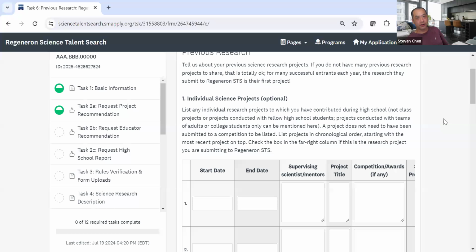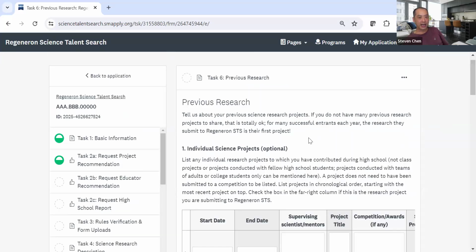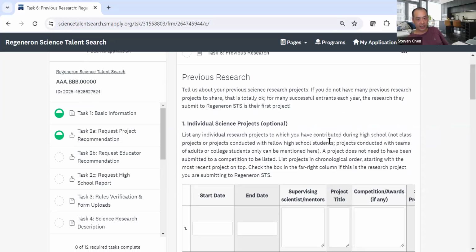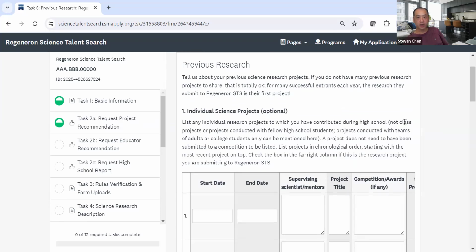Although theoretically it says you may have only the one piece of research you submit to STS, and that is still fine, strong researchers typically have multiple pieces of research experience. So beyond the one they submit as a research report, they still have other research projects. That is why they created this task for you to report all other research projects. They put them into multiple categories.